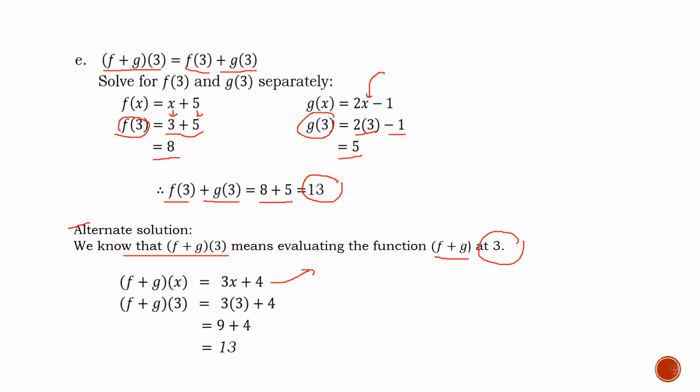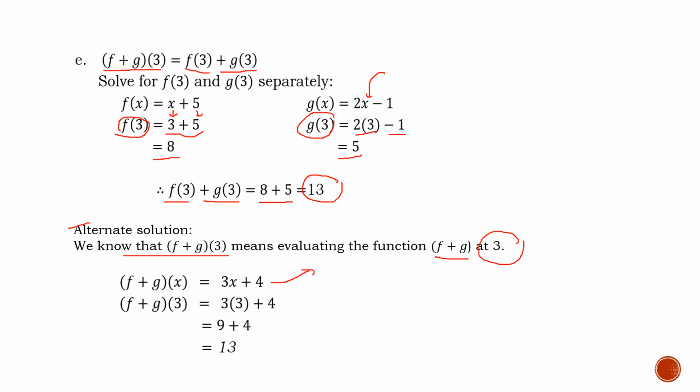This will be your resulting value from your f plus g of x from letter A. So we just simply use it, copy the resulting value from letter A, then we substitute 3 as a value of your x variable to make it f plus g of 3.